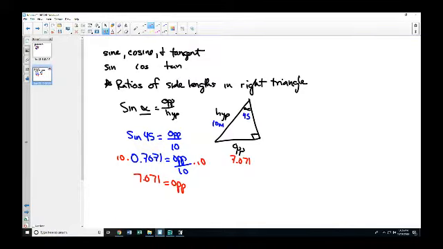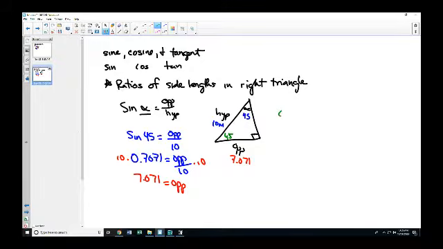You okay with that? Absolutely. You could make that same calculation with cosine. If this is 45 degrees, which you know, since a triangle's angles all add up to 180, you do 180 minus 90 minus 45, 45 degrees.